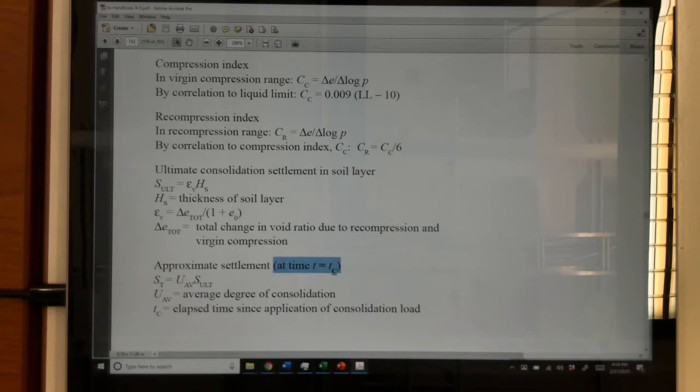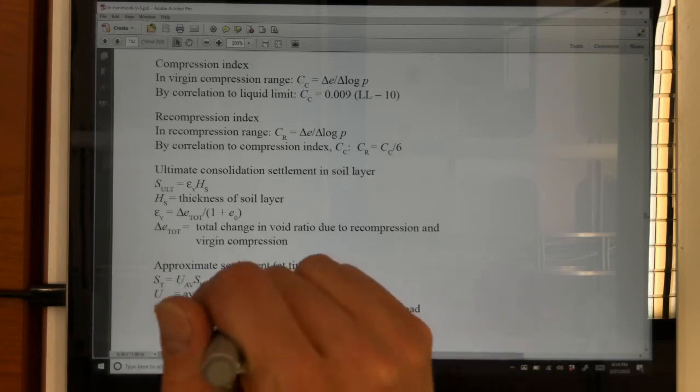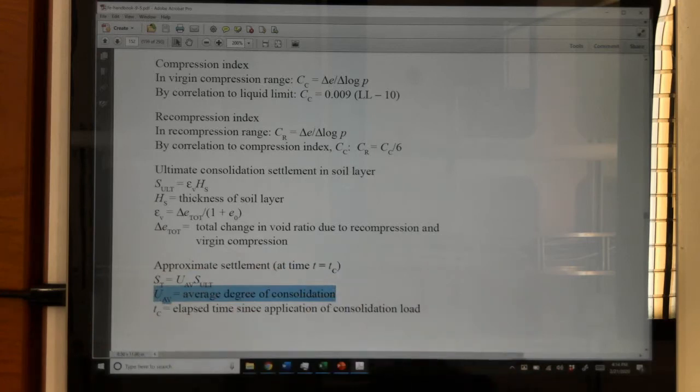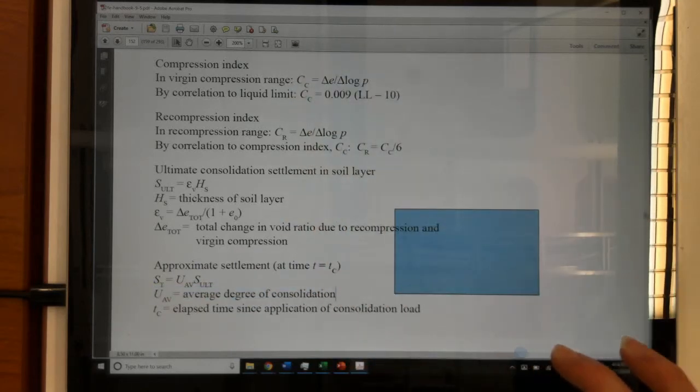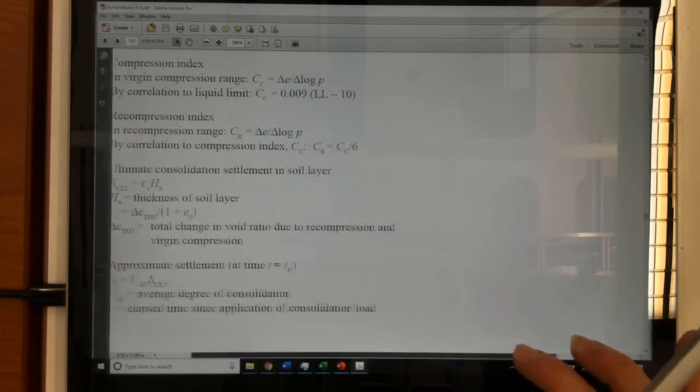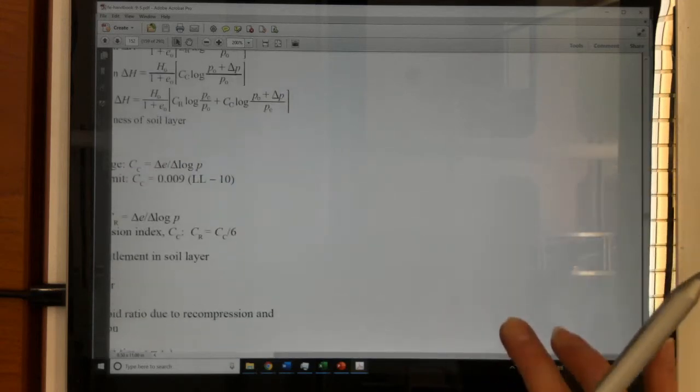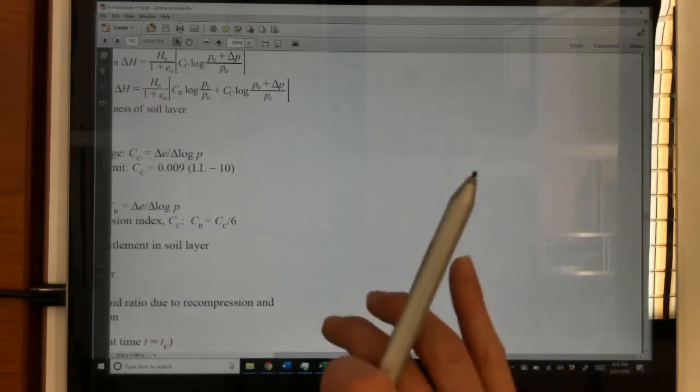Some portion of this total ultimate amount of settlement that can occur, we want to know how much of that has occurred. And that's taking advantage of this average degree of consolidation times the ultimate amount of settlement, which is the total amount that we could expect to occur that we calculated above. I think that's all on that page.